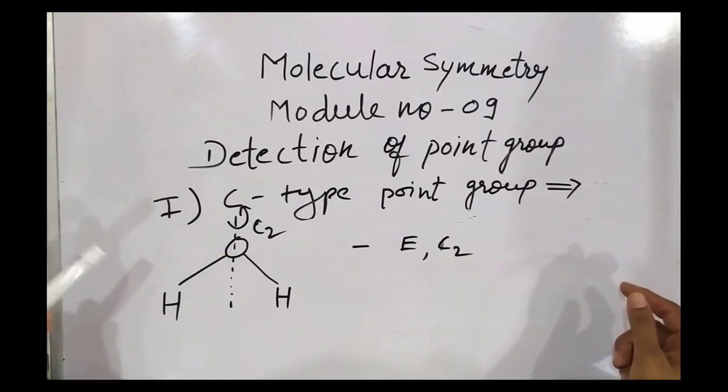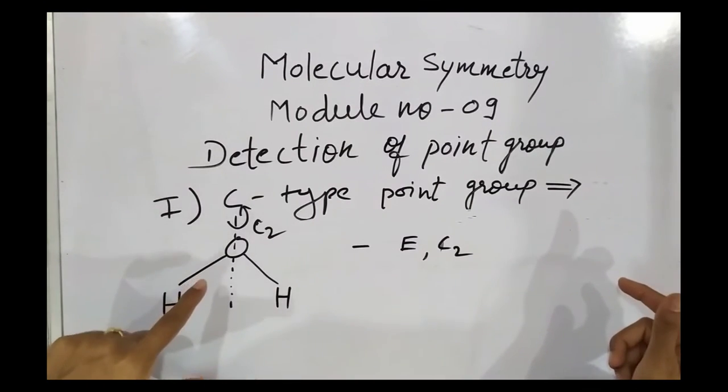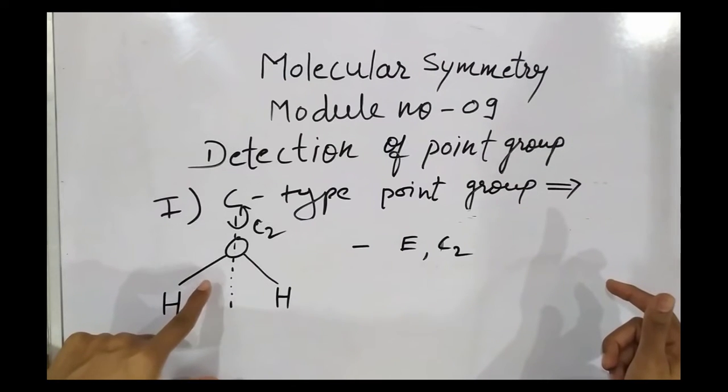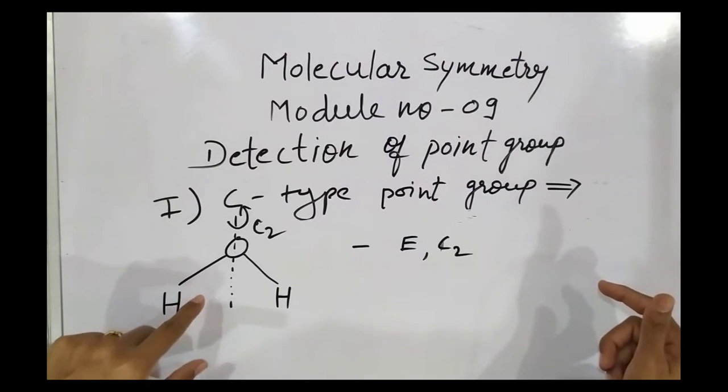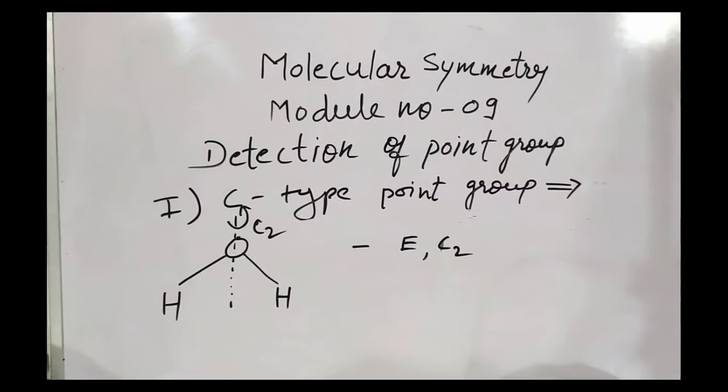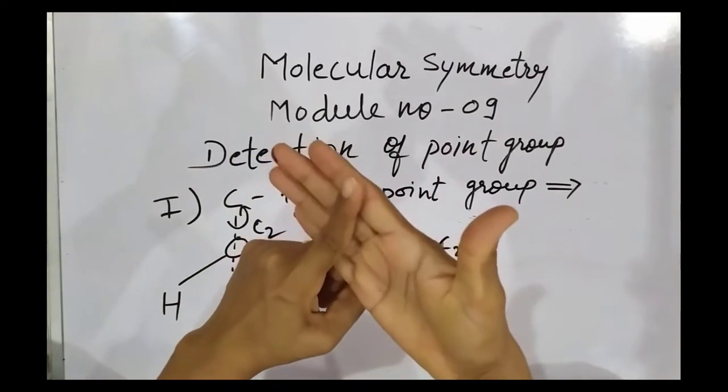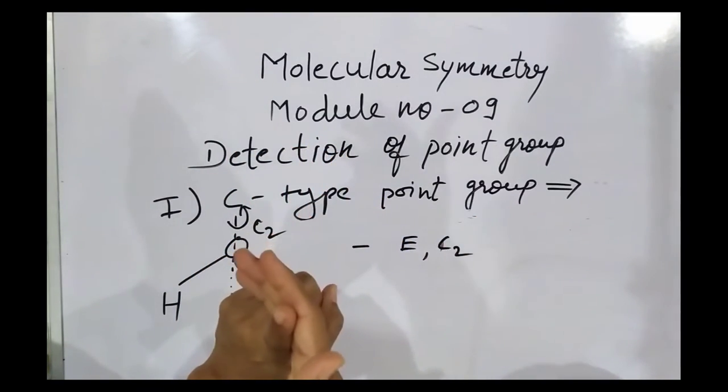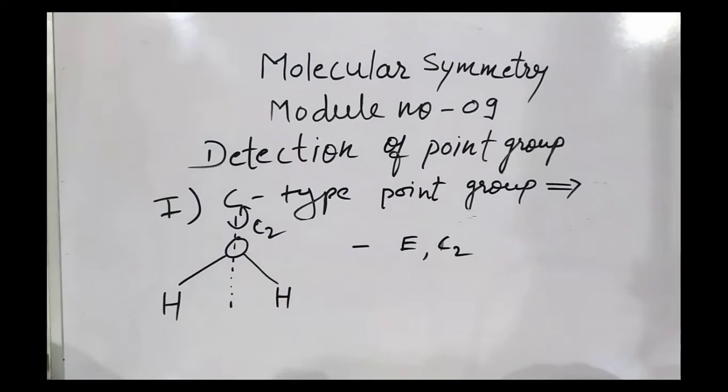If you want to check whether the two planes are parallel to the principal axis or not, you can make a model of a water molecule at home and pass one principal axis and one plane in this way, and then you can observe easily that both the planes that pass through the water molecule are parallel to the principal axis.